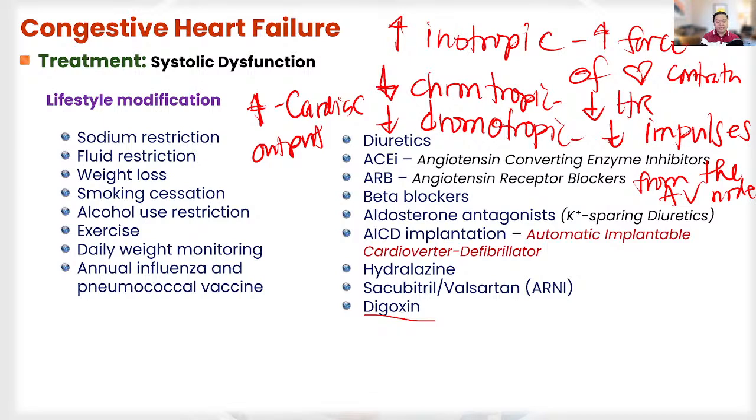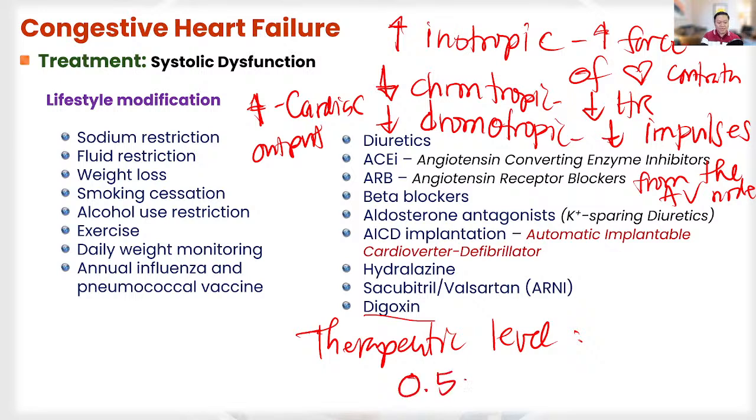All right. Now, guys, you might be asking the NCLEX question regarding the therapeutic level of the digoxin. So don't be forgetful about the level. The level of the digoxin is somewhere from 0.5 to 2 nanograms per ml. Okay, that is the safe range, therapeutic level of digoxin.